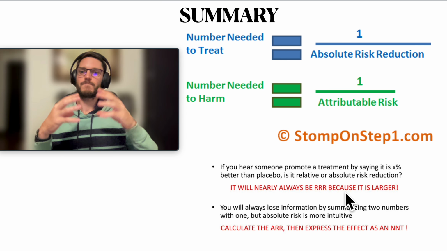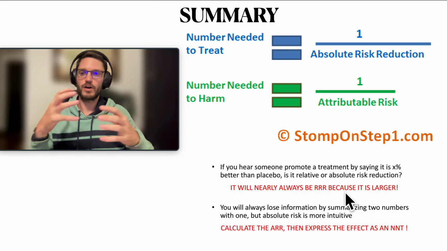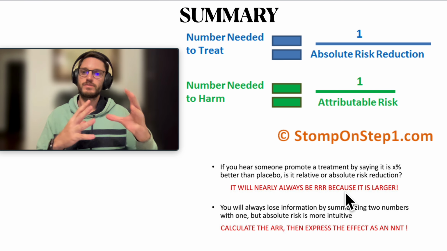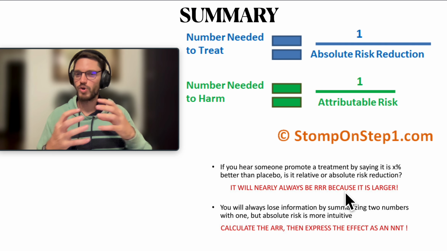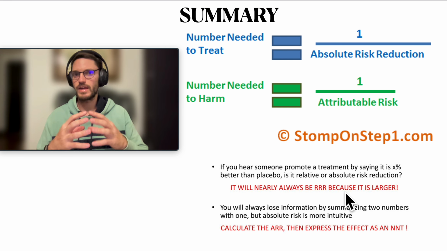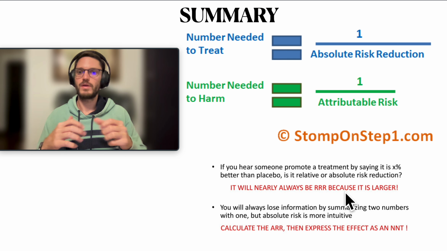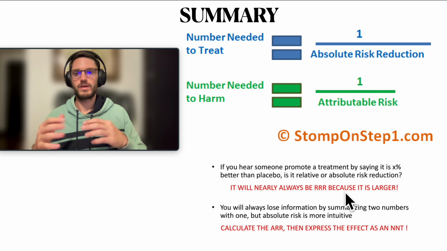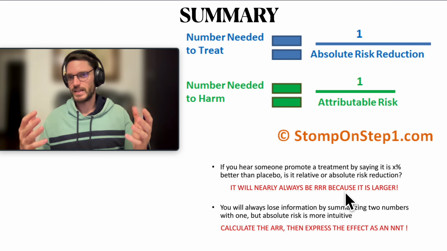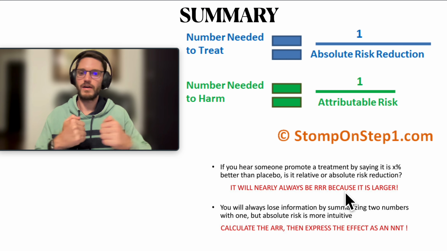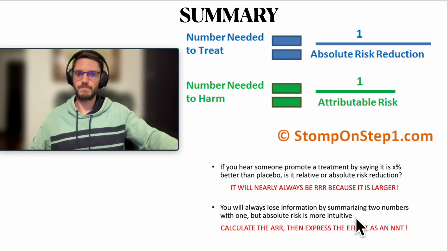That is why the NNT helps us, doctors and clinicians, understand this better, because NNT is more intuitive. You can understand that an NNT of 10 is incredible, but an NNT of 500 isn't very good, right?